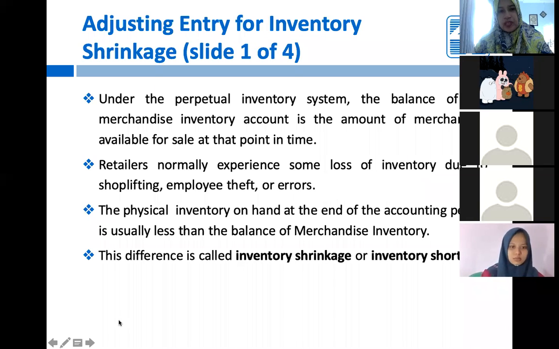For adjustment for a merchandising business, especially when a company is using the perpetual inventory system, normally the balance in the accounting record is different from the actual amount in the company's warehouse. It's very normal in business. We cannot expect 100% accuracy between whatever we record and whatever we have at the warehouse.